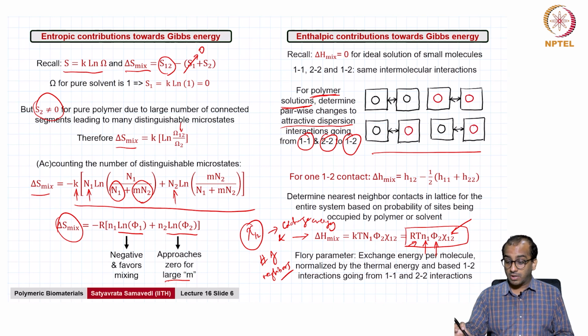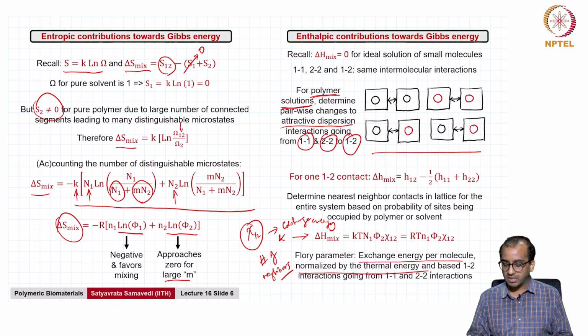So, one way to think about Flory parameter is to think about it in terms of the exchange energy per molecule normalized by the thermal energy, or in other words, what fraction of kT or thermal energy is required to lift, let us say, one molecule of solute from its pure state, one molecule of solvent from its pure state, and interchange them. That is why it is called exchange energy. Also on the lattice you have to account for the number of neighbors that are there. So, the Flory parameter subsumes all of that and gives us this very nice expression for delta H of mixing.